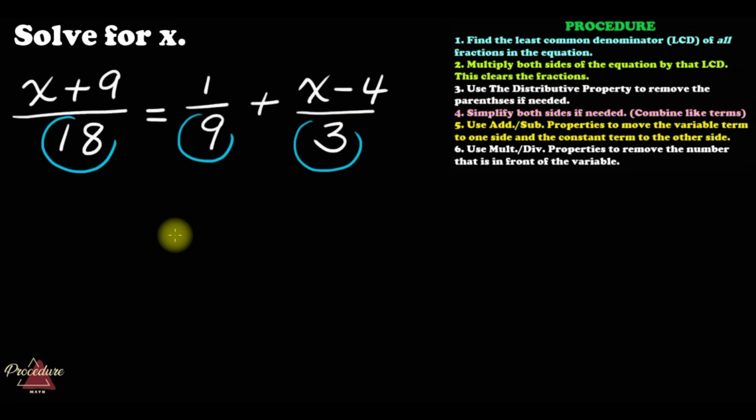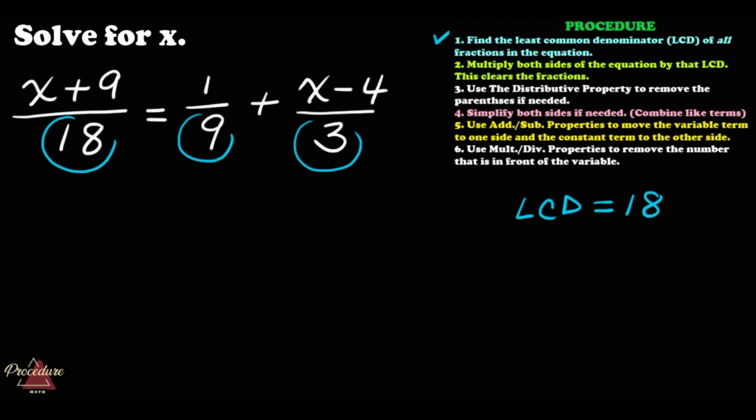What would be the smallest number that these numbers can all go into? 3 can go into 18, 9 can go into 18, and 18 can go into 18. Therefore, your LCD is going to be 18. So that's step 1.